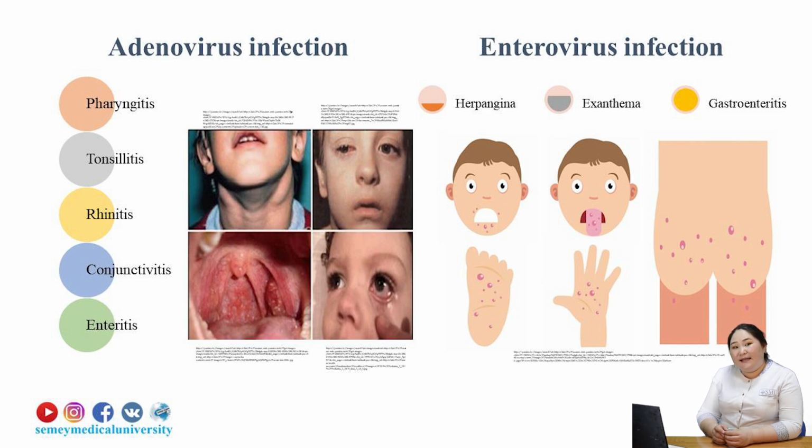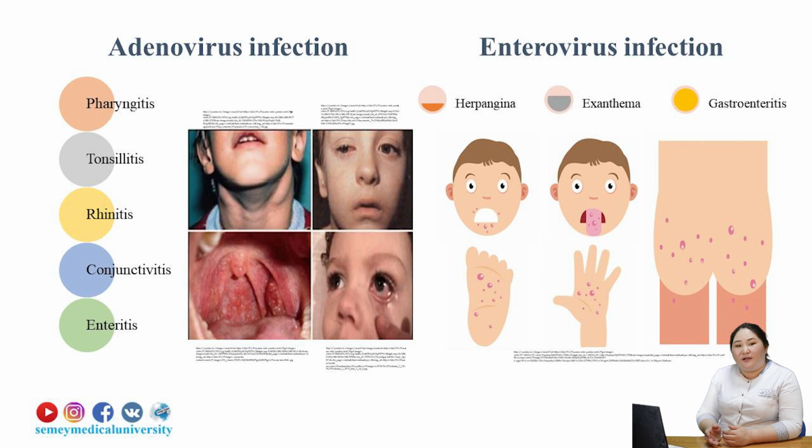Next infection is enteroviruses. Enteroviral infection is also a viral infection with a fecal-oral route of transmission. This infection is characterized by a lot of different viruses included in one family, like echoviruses, Coxsackie A and B, human enteroviruses.